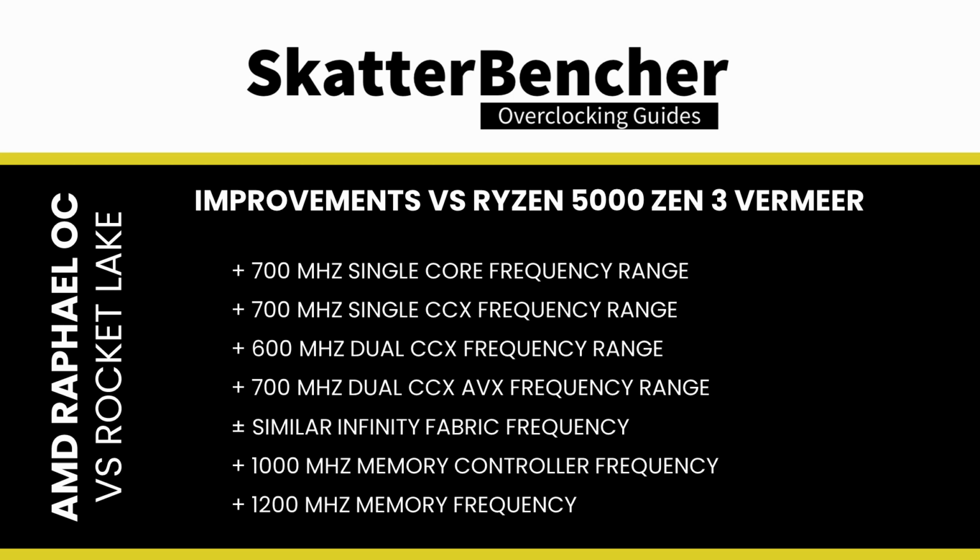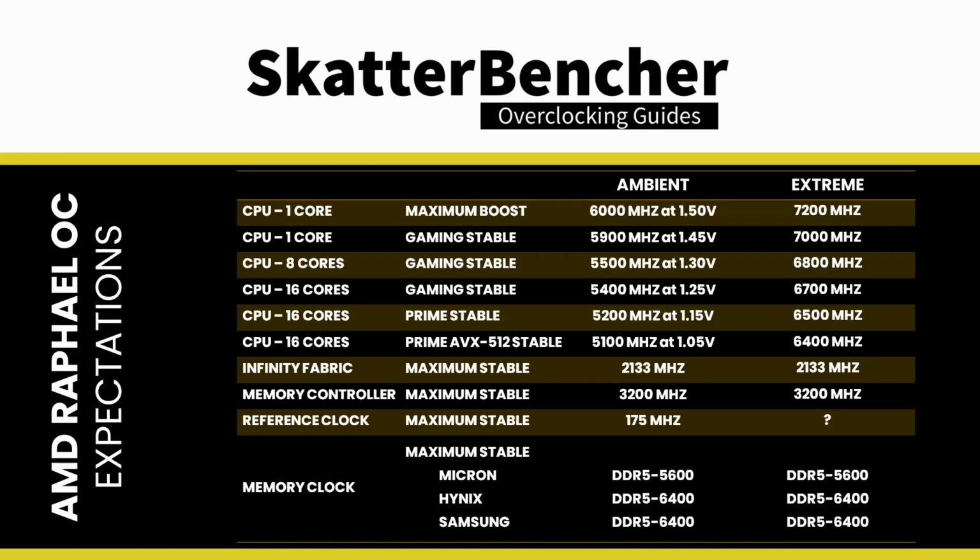Compared to Ryzen 5000 Zen 3 Vermeer, we have about 700 MHz more for single core frequency, 700 MHz more for single CCX frequency, 600 MHz more for dual CCX frequency, 700 MHz more for the dual CCX with AVX frequency, similar overclocking capability for the fabric, 1 GHz more for the memory controller, and 1.2 GHz more for the memory frequency. These overclocking margins are also in line with what we see for extreme overclocking.